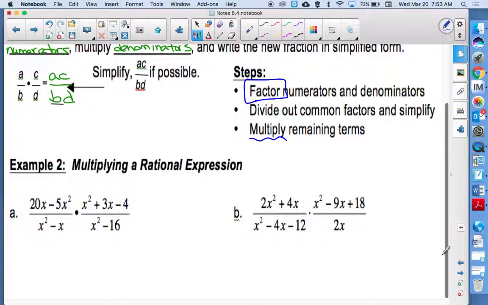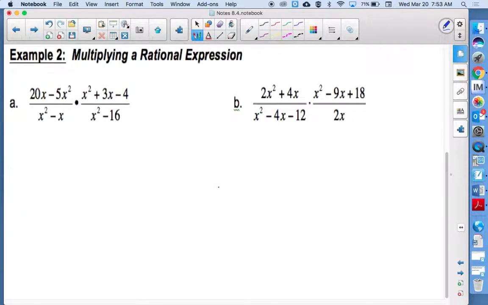So we have 20x minus 5x squared over x squared minus x. And then you're multiplying that with another fraction, x squared plus 3x minus 4 over x squared minus 16. Connor, what can we do with that left numerator? Well, you can take out a 5x. And if you take out a 5x, what do you have then? 4 minus x.